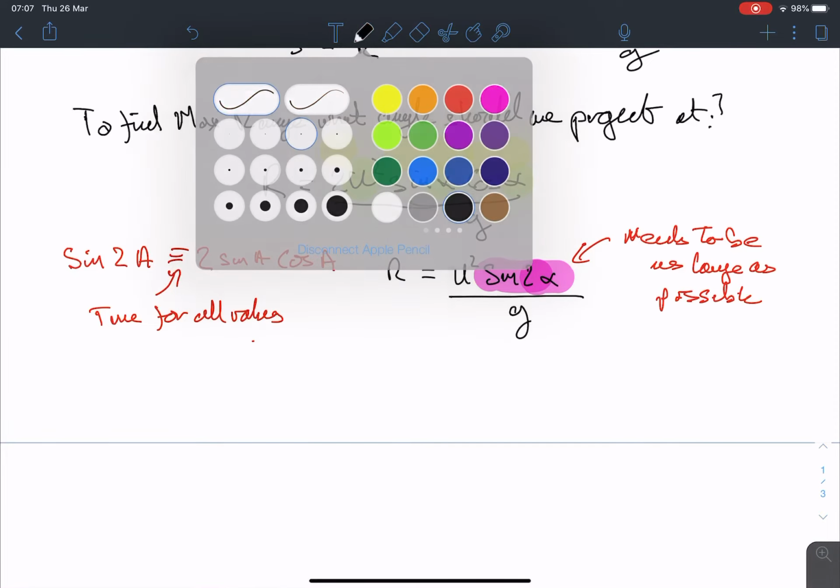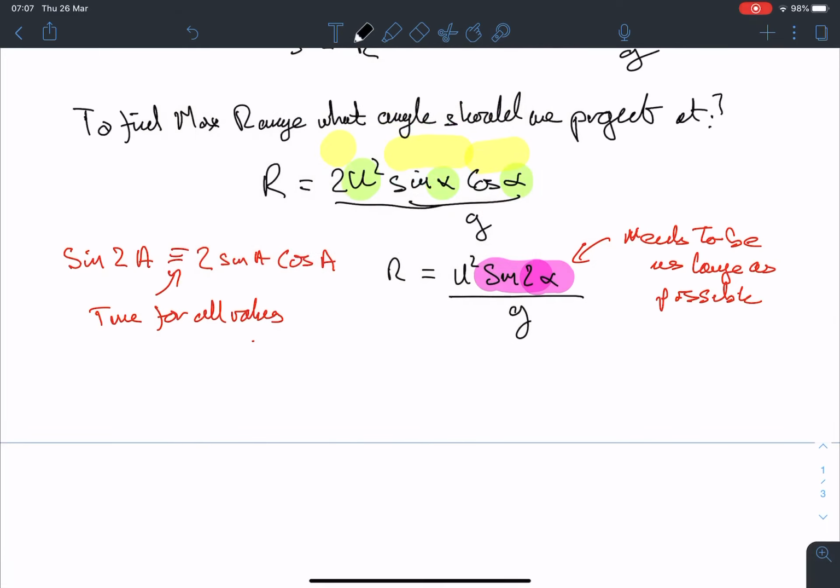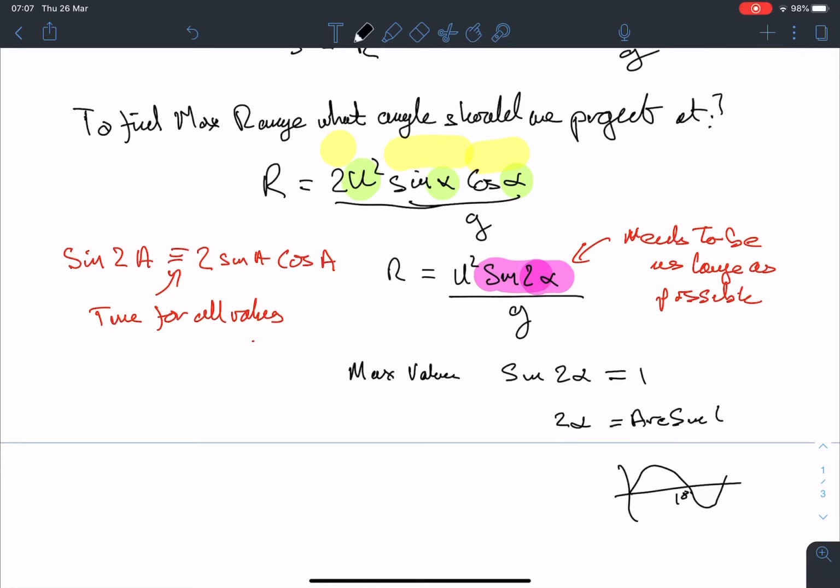So, what's the maximum value for sine 2 alpha? Well, max value of sine 2 alpha equals 1, which we can solve. 2 alpha equals arcsine of 1. Quickly sketch the curve, and we can see that that is 1 at 90 degrees.